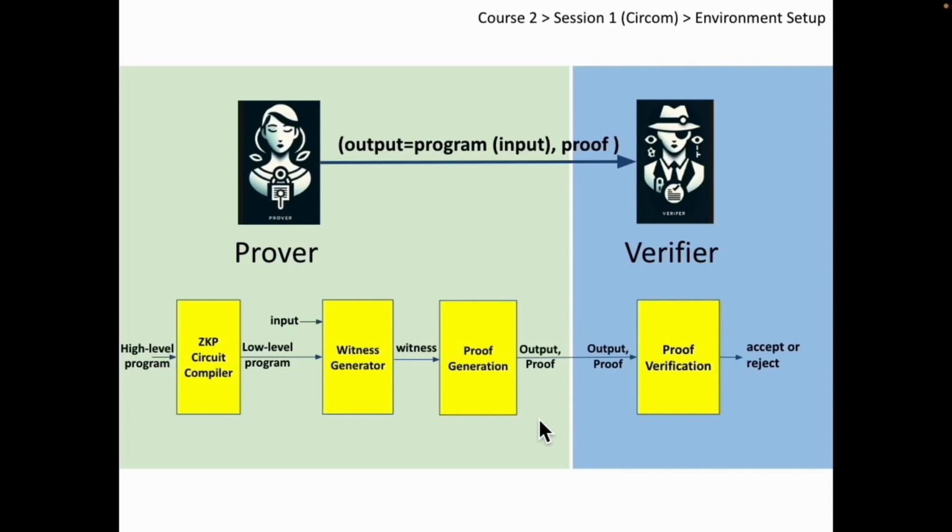On the verifier's end, there is a component known as proof verification. Its role is to check the proof and determine its validity. This streamlined overview aims to facilitate understanding of the core software components in ZKP without delving into technical terminology.